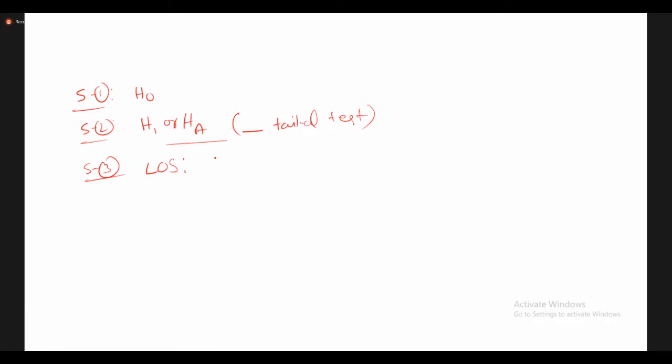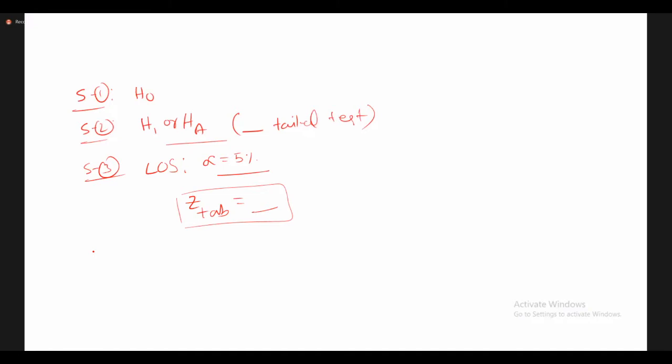In the question, if alpha is given, directly take that. If alpha is not given, generally we choose alpha as 5%. And depending on the tailed test and alpha, we have to find the Z tabular value. This is the third step.